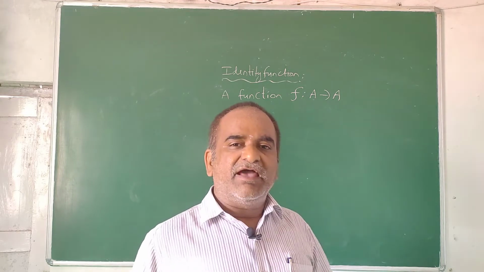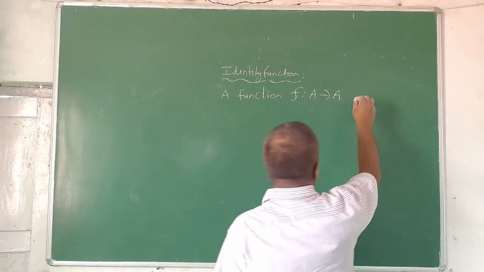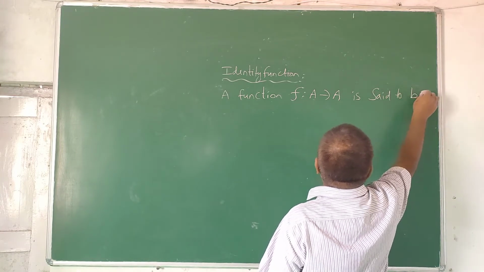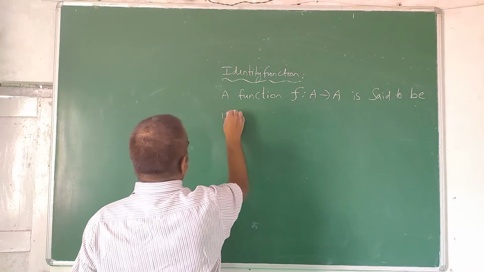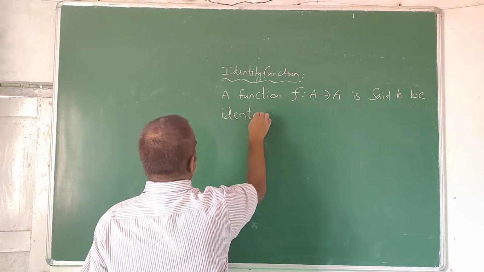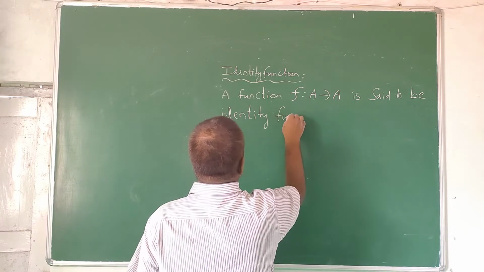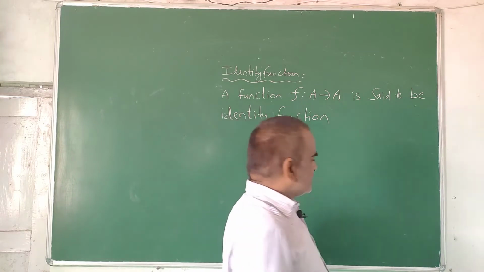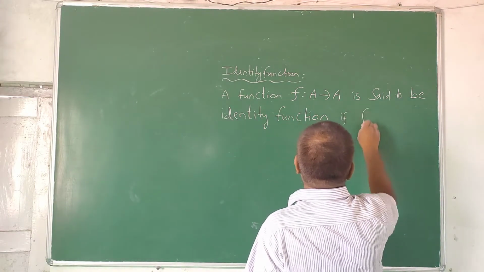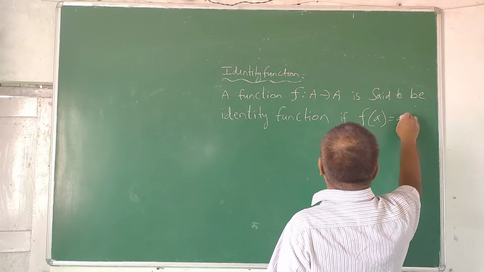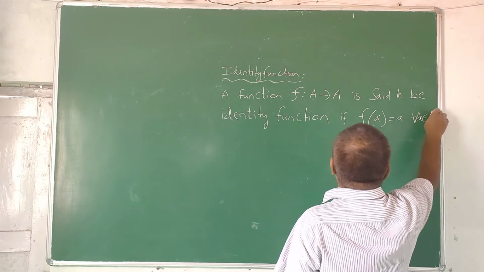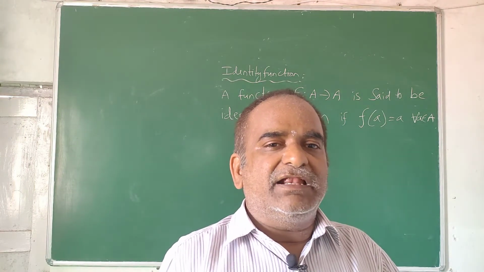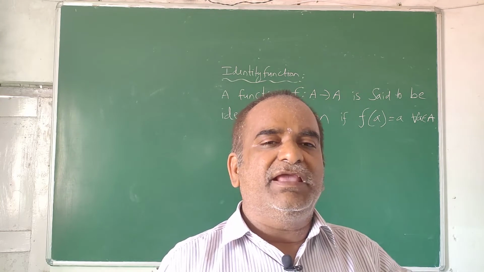So a function f maps A to A is said to be identity function if and only if f of a is equal to a for all a belongs to A. That means under the identity function, the image of one element will be itself.